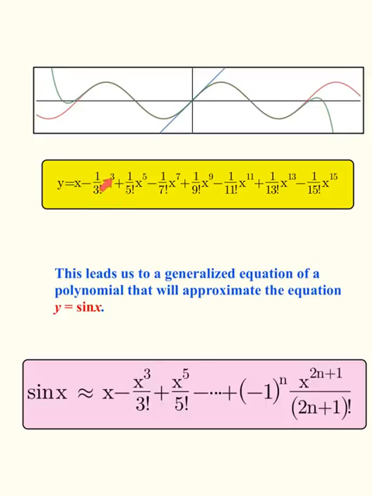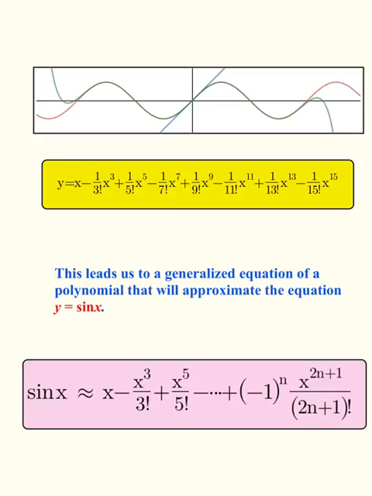That's this x to the third here. And then you get 2 times 1 plus 1, which is 3 factorial. And that's the 3 factorial that we see here. And then when n is 1, this is going to be a negative value, which we have a negative in front of that term. Okay.